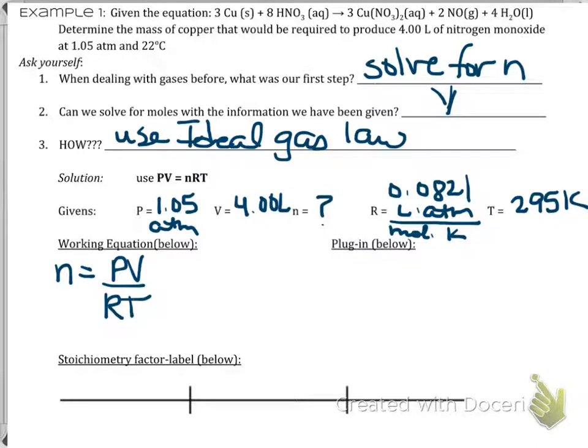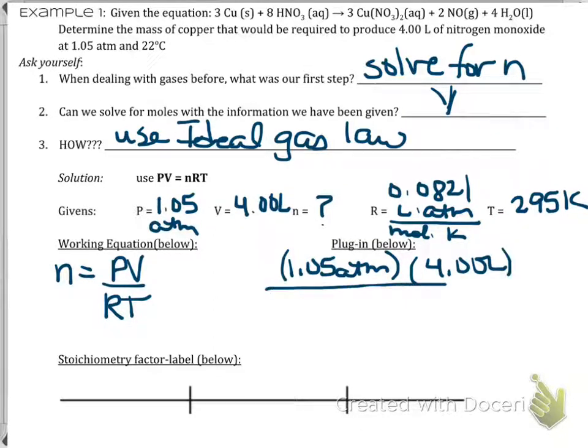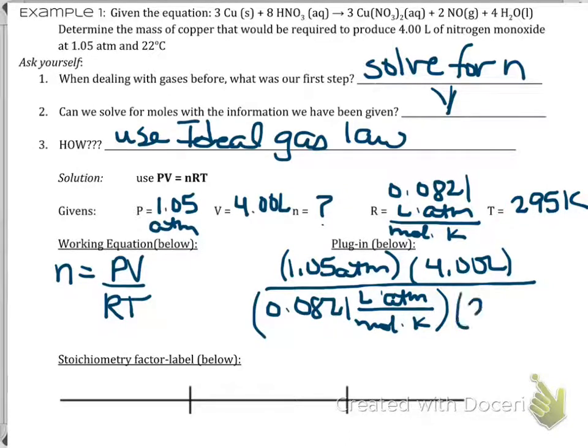My plug-in for that is going to be 1.05 times 4 divided by 0.0821, which is my universal gas constant, times 295 kelvins.